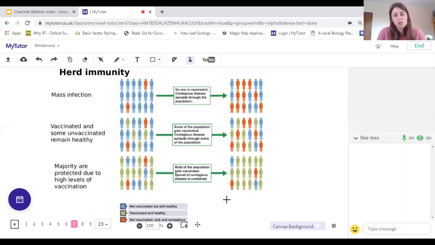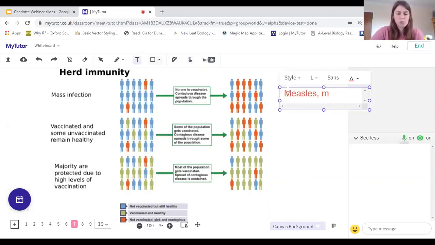There's lots and lots of very successful examples of vaccination and how that's worked. So a lot of the diseases, we talked about measles last week. We're all vaccinated in the UK for measles at a young age with the MMR vaccination, which stands for measles, mumps and rubella. I'll write that down because I know some people wanted more information about that last time.